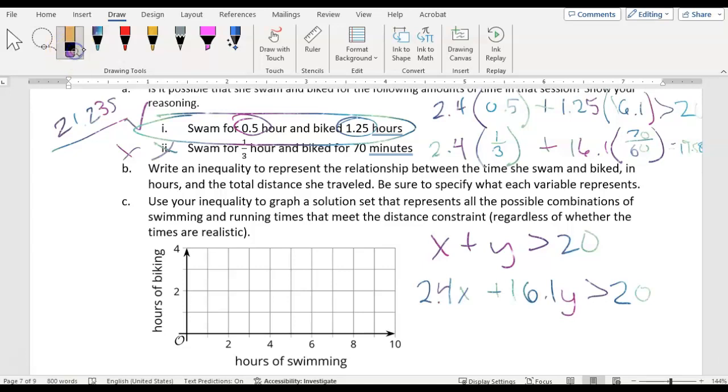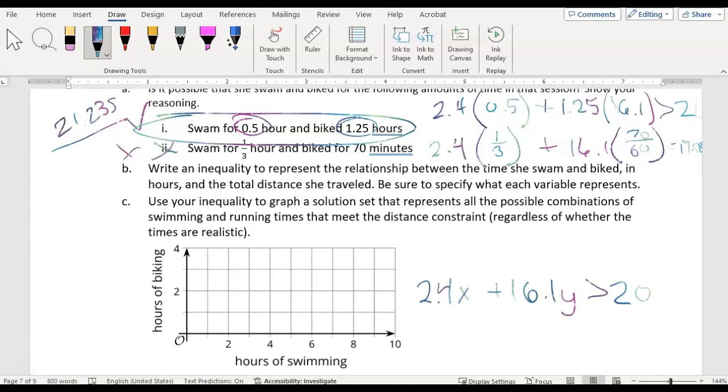The reason being that we are looking at actually only one inequality here. And as we showed up here, 2.4, that's the speed, times the actual time that she swam, plus 16.1 times the time that she biked will give us her distance.